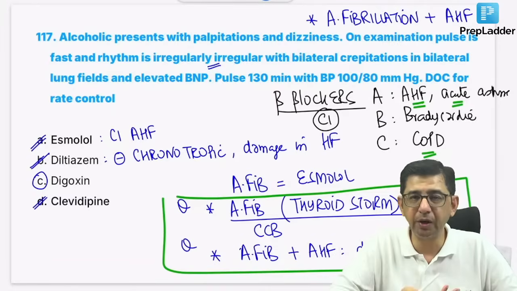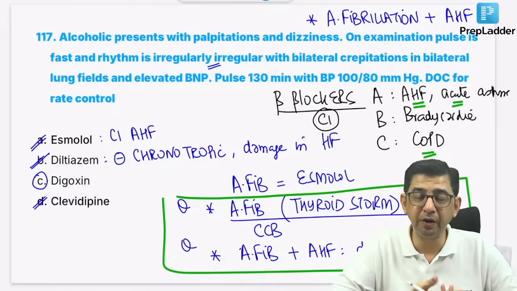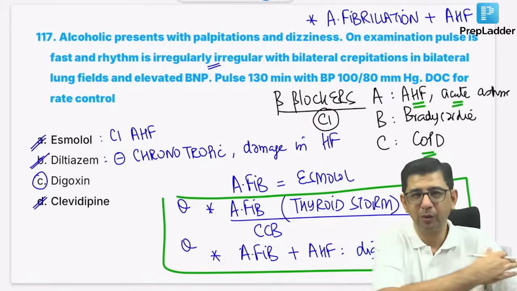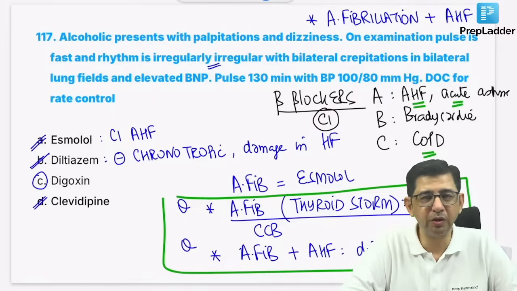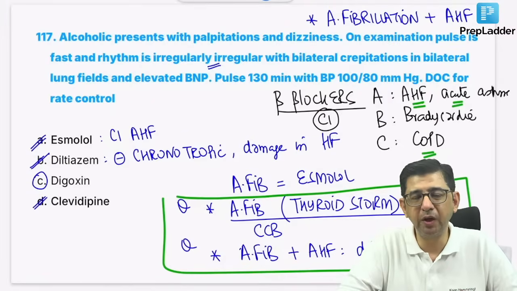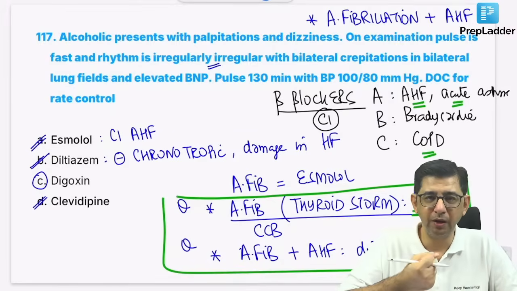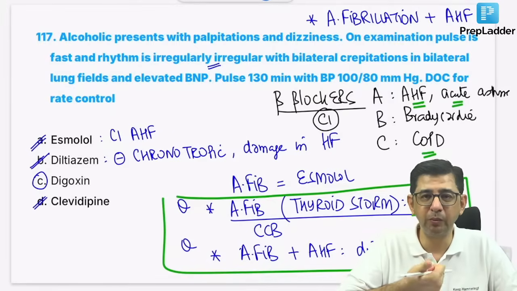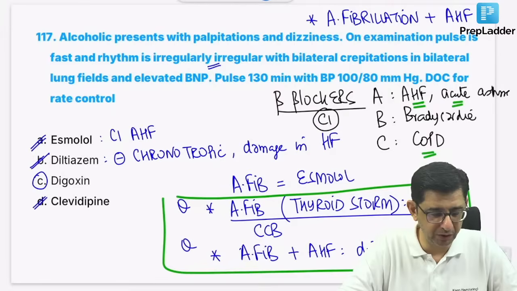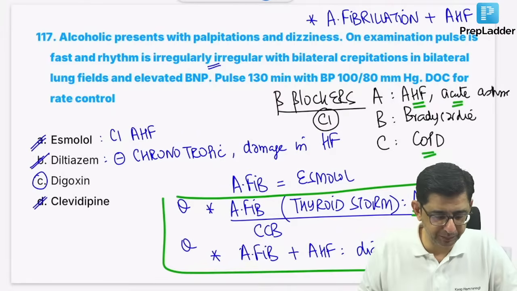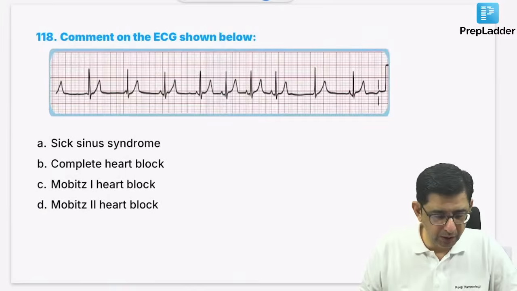Masking of hypoglycemia is not a side effect that is to be taken seriously. In an era of continuous glucose monitoring, why should you let somebody suffer from hypoglycemia? They put on a patch and they can see the blood sugar on their mobile. If you notice somebody is having hypoglycemia, ask him to take something sweet. Why say to him, oh, you will miss the symptoms of hypoglycemia, so I will not give a beta blocker? I think I have explained that already. Yes, decompensated heart failure. It is decompensated heart failure.